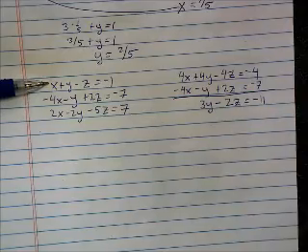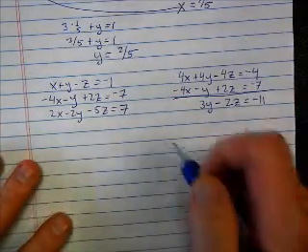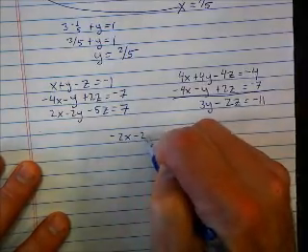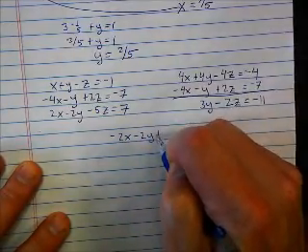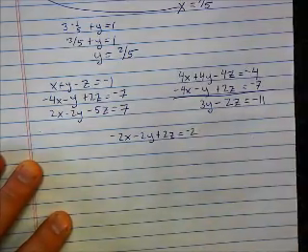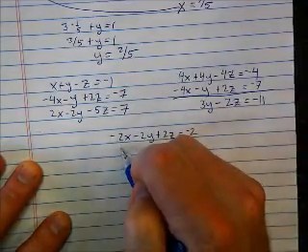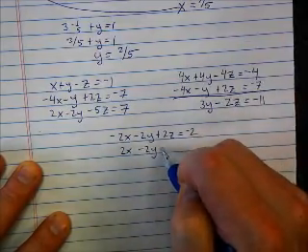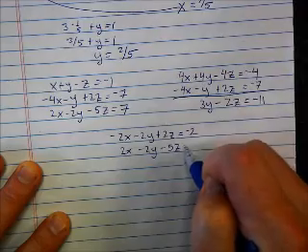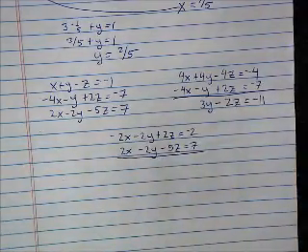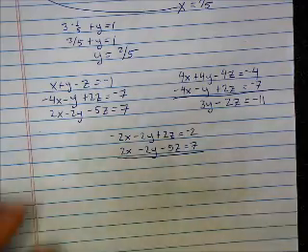Multiply the first one by negative 2. So that's going to give us a negative 2x minus 2y plus 2z equals negative 2. And then the second equation has 2x minus 2y minus 5z equals 7. I didn't do anything to that one. Add them up. And what do you get this time when you add them?